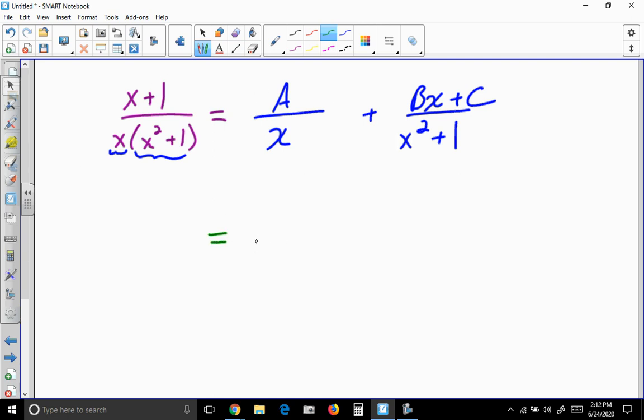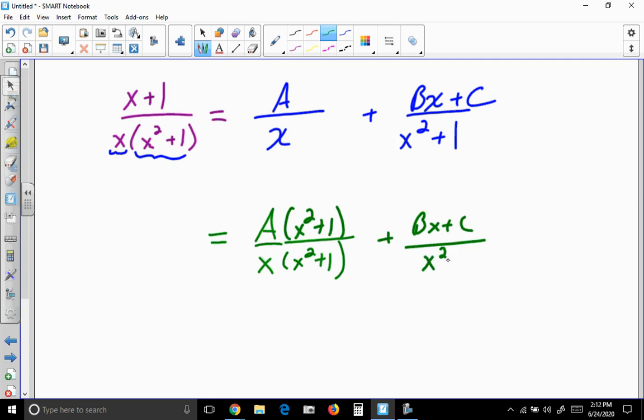Now the next step is going to look just like what we did on the other ones. We're going to combine these so that we can get a relationship. That's going to be our common denominator. So if we pick up an x squared plus 1 on bottom, we do that on top. For the next fraction, we need to pick up an x so that we have that denominator. So if we pick up an x, we have to pick one up on top.